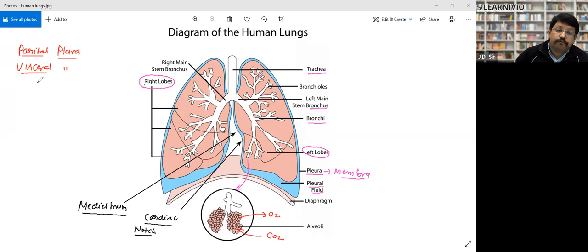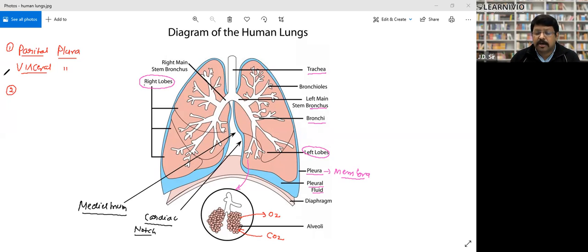Next, vocal cord. Vocal cord means the sound box. Inside the larynx, there are two pairs of membranes, one pair longer and another pair shorter.